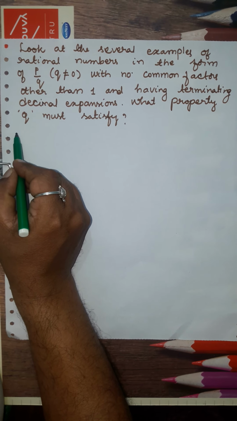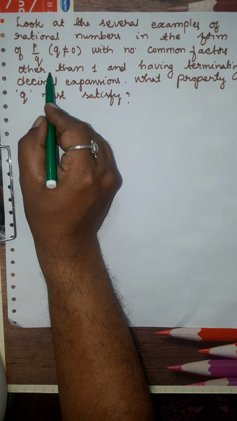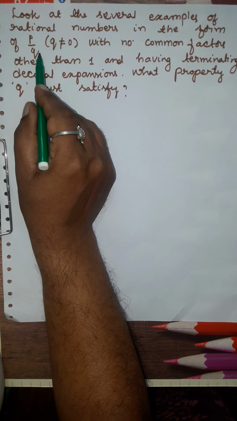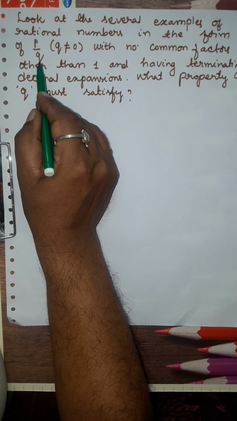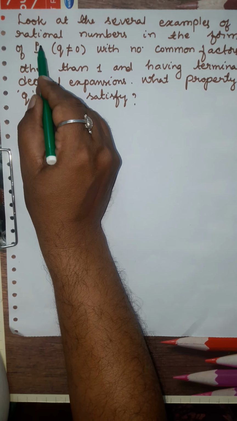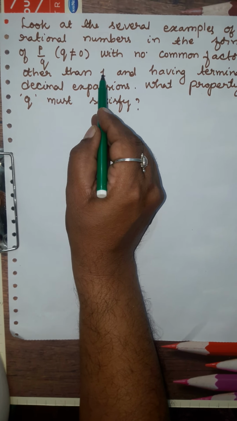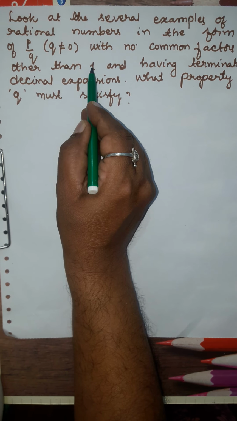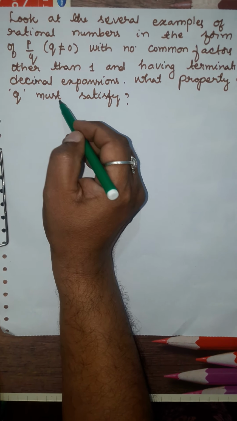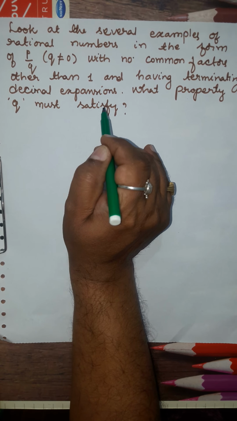Now before solving this problem, let me explain what is a rational number. A rational number is a number which can be expressed in the form of p by q, where q is not equal to 0 and p and q in their simplest form have 1 as the common factor, and they have decimal expansions which are either terminating or recurring and non-terminating in nature.